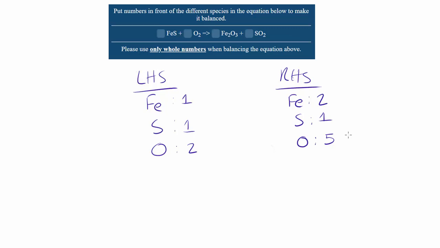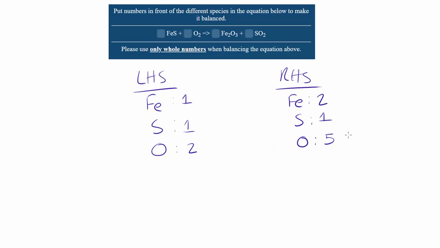So we do have to give some consideration to how we can take a step which would hopefully progress this equation towards being more balanced, right? We can pick between focusing on the oxygen first, or focusing on the iron first in terms of balancing.